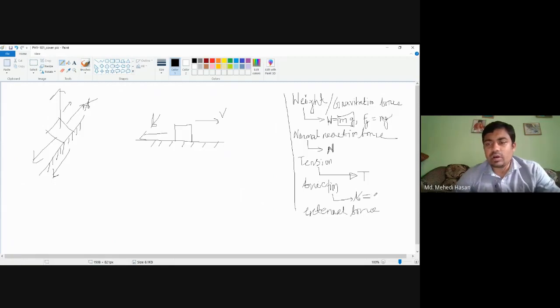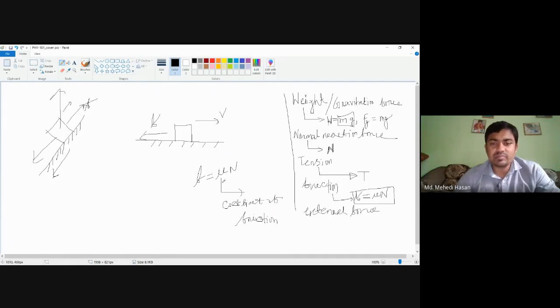Friction depends on the normal force, and there is a relation between the normal force and the friction force by this equation: f equals mu N. Here mu is the coefficient of friction, which is constant for a particular frictional surface.